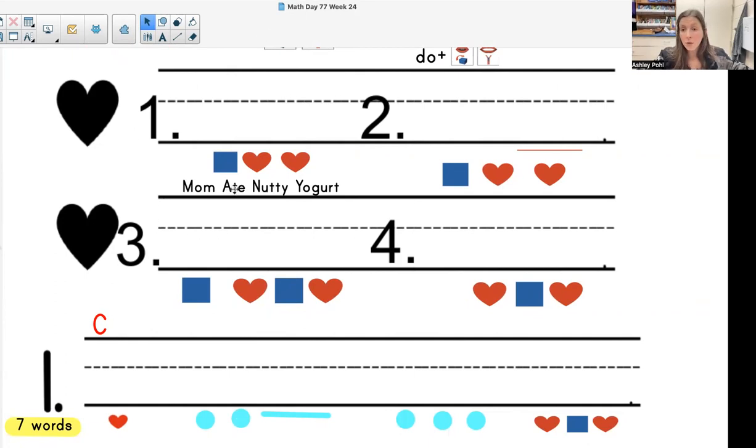And first graders, if you can spell many, you can also spell number 4, any. Just get rid of the M. If you can spell many, you can spell any. Okay? So 1 is the number 2, 2 is does, 3 is many, and 4 is any. Pause the video if you need more time or raise your hand if you have any questions.